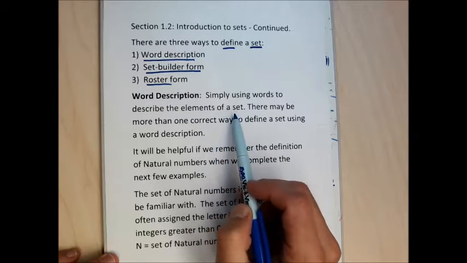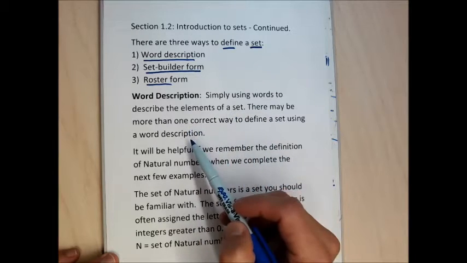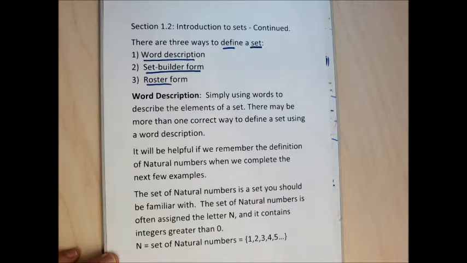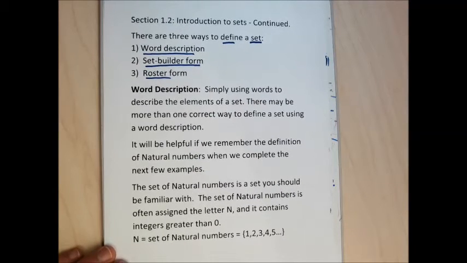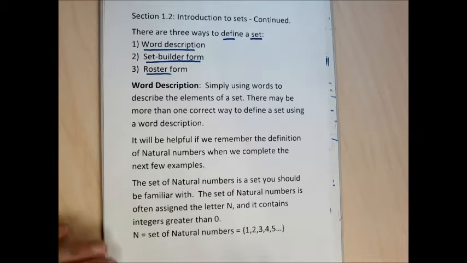The thing about word descriptions is there could be many correct ways to define a set using a word description. So when I write an answer to some of my problems in this section, if your answer doesn't have exactly the same words as mine when I ask you to write a word description for a set, that's completely fine, as long as your words describe the elements of the set appropriately.